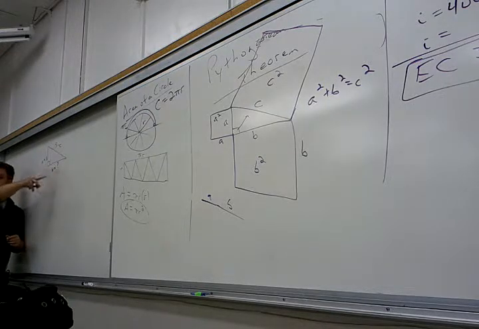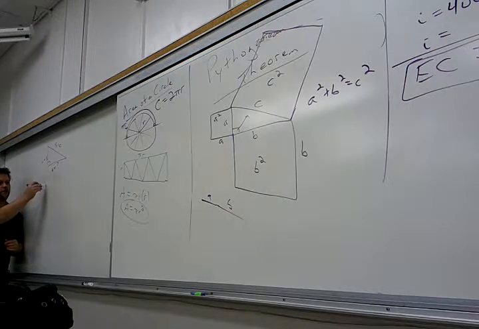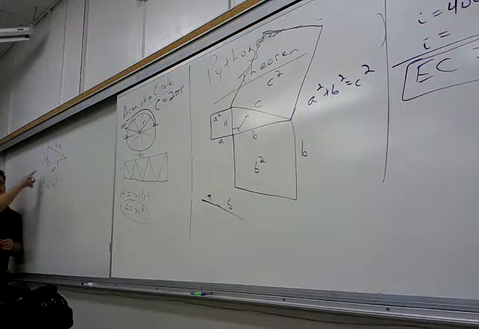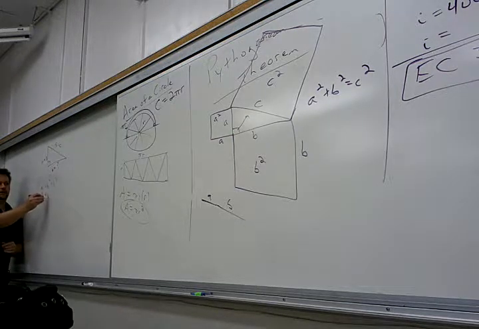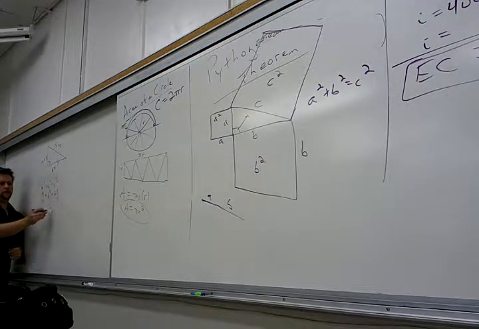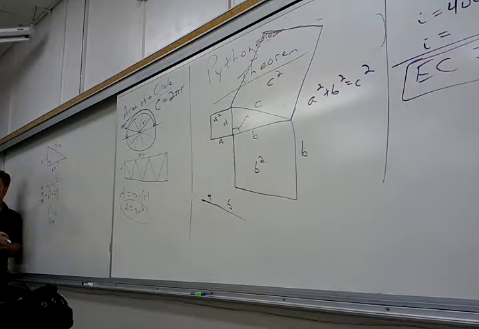C. And B is the one I don't know. So A squared plus B squared equals C squared. So 3 squared, 9, plus something squared equals 25. Subtract 9. B squared equals 16, so B equals 4. Careful now.